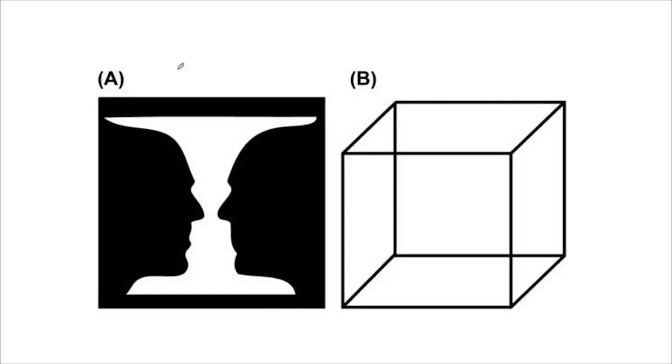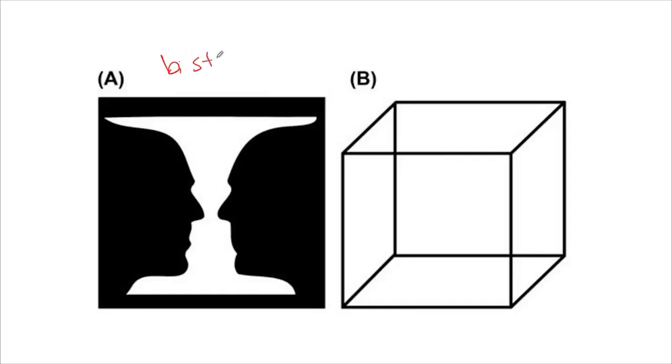And it is true for some other visual illusions, like the things we call multi-stable or bistable figures. A bistable figure means that we have two shapes happening here.